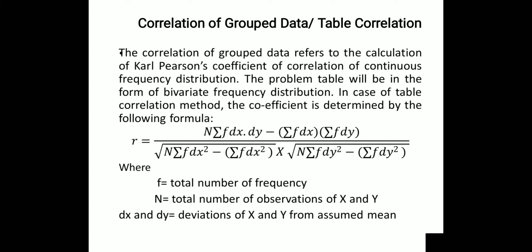Here f in this formula refers to the total number of frequencies, and n refers to the total number of observations, that is the total value of the frequency. And dx and dy, like in the previous problem, are the deviations of the x and y values from their respective assumed means.